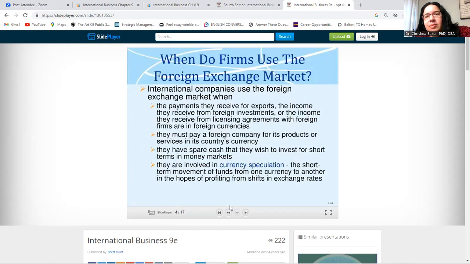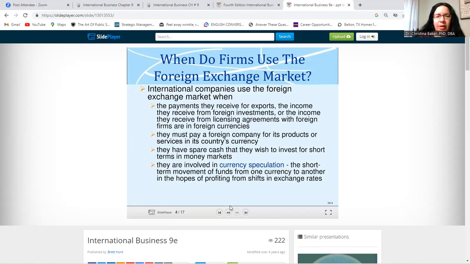When do firms use the exchange market? Companies use the exchange market for the payments they receive for exports, the income they receive from foreign investments, or the income they receive from licensing agreements with foreign firms in foreign currencies.